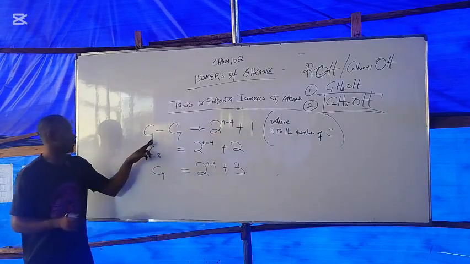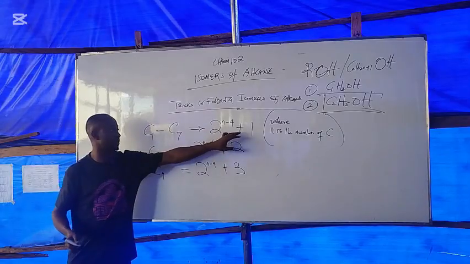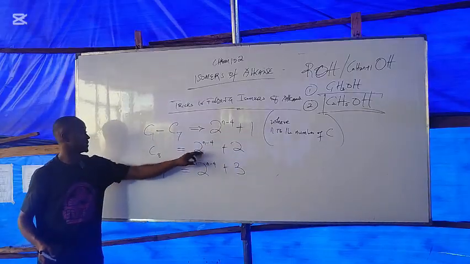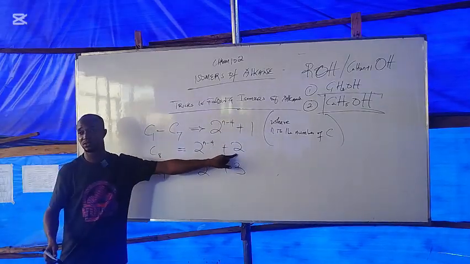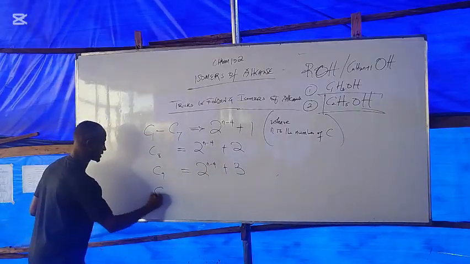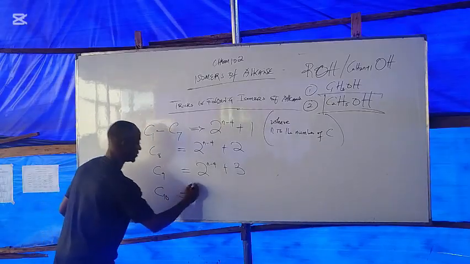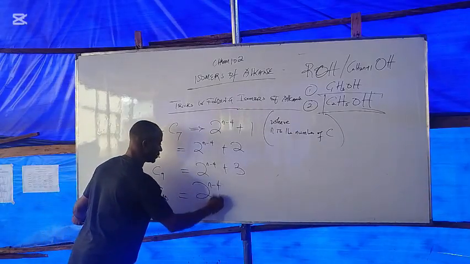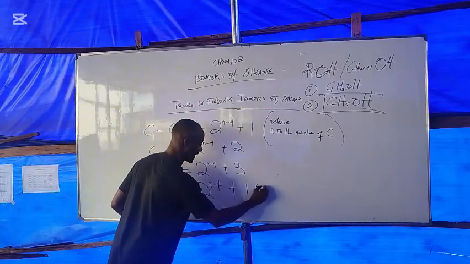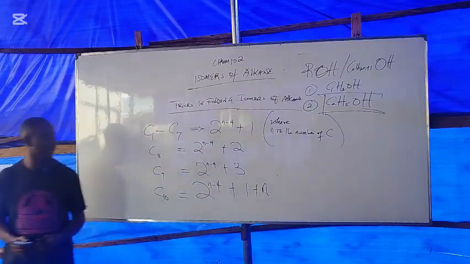From carbon 1 to 7 it is 2 raised to n minus 4 plus 1, the same thing but plus 2 for carbon 8, plus 3 for carbon 9. Then for carbon 10, 2 raised to n minus 4 plus 1 plus n. Just put these formulas down.